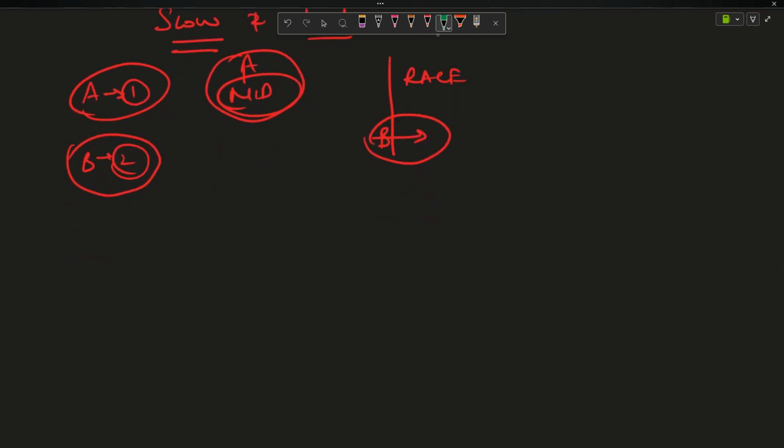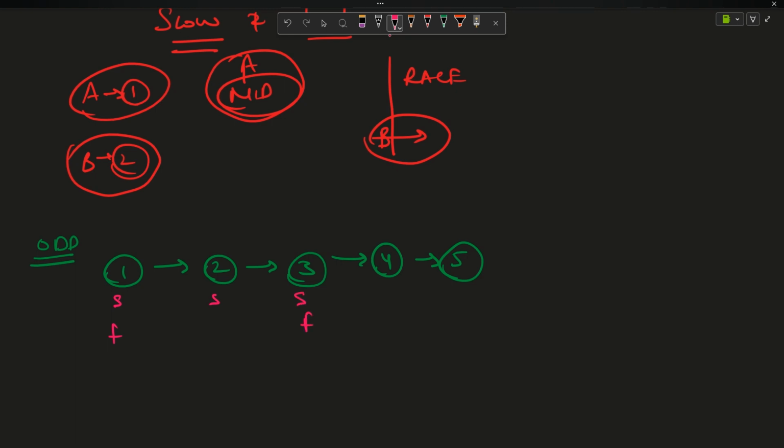So for odd, 1, 2, 3, 4, 5. I will keep slow here and fast here. Start traversal. Slow moves one node, fast moves two nodes. Now slow moves one node, fast moves two nodes.